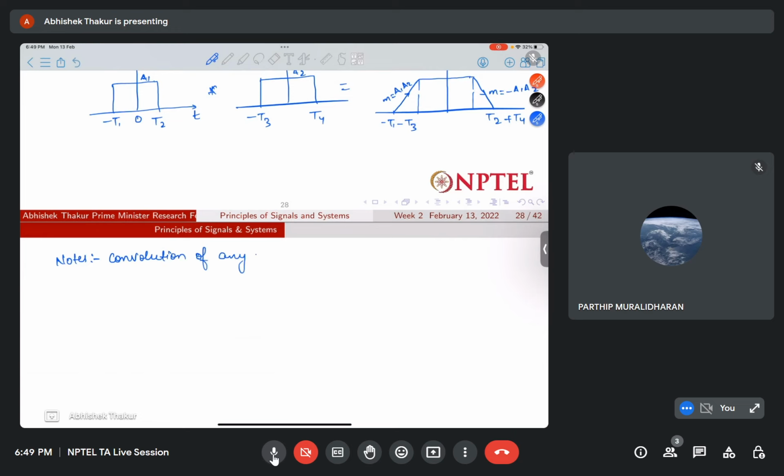Convolution of any two rectangular pulses having unequal width always results in a trapezoidal signal or trapezoidal pulse.